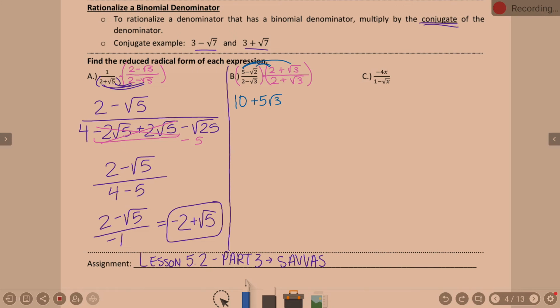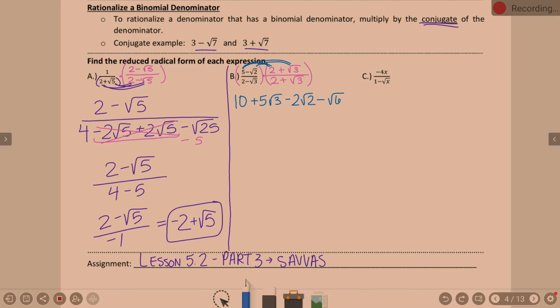Negative square root of 2 times 2 is minus 2 square root of 2. And minus square root of 2 times positive square root of 3 is minus square root of 6.